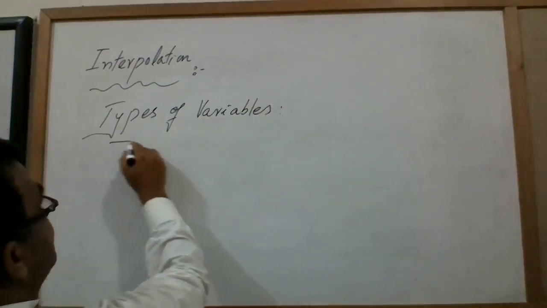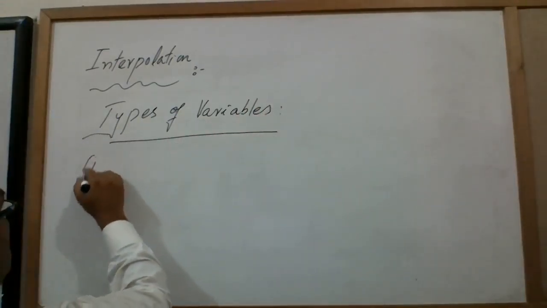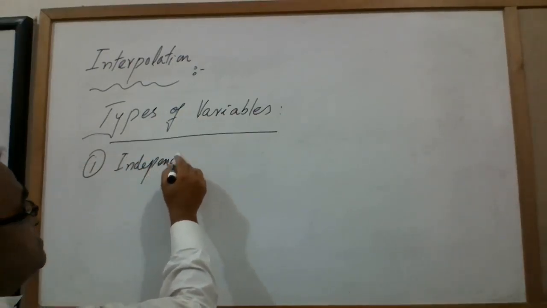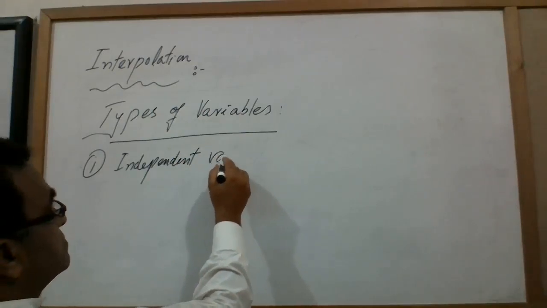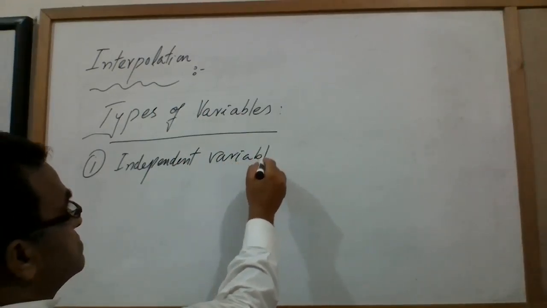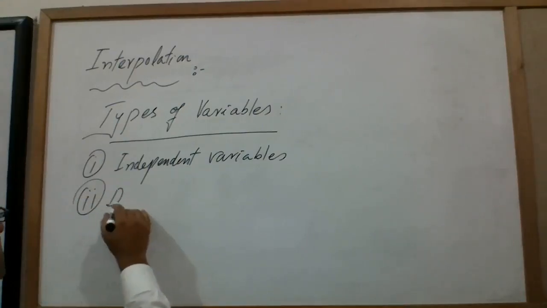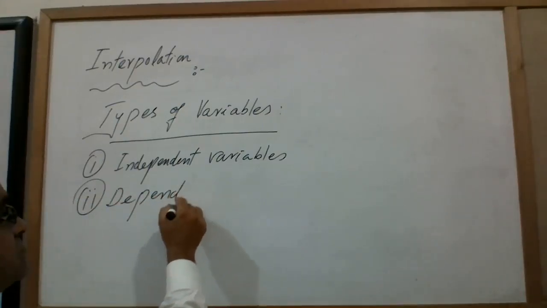Which are number one, independent variables, and number two, dependent variables.